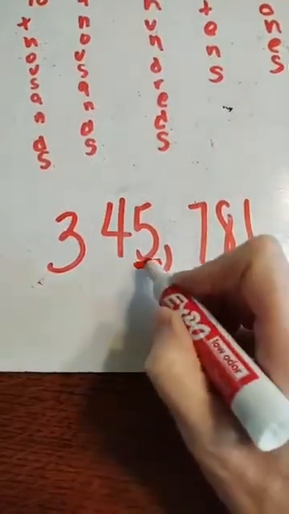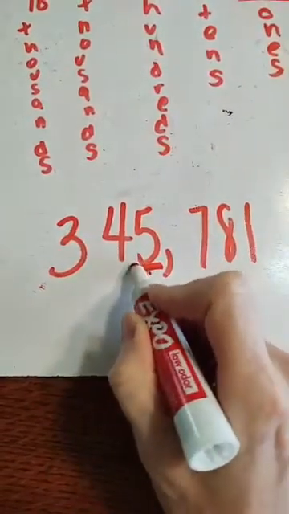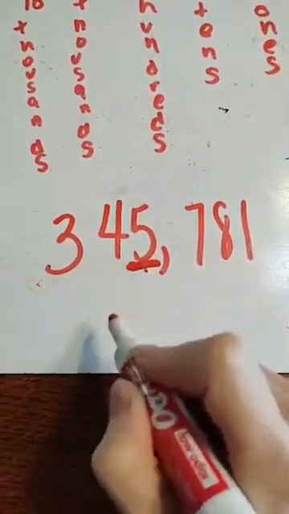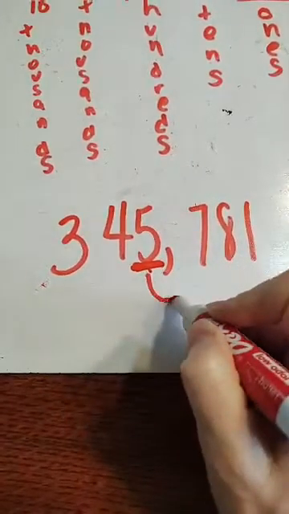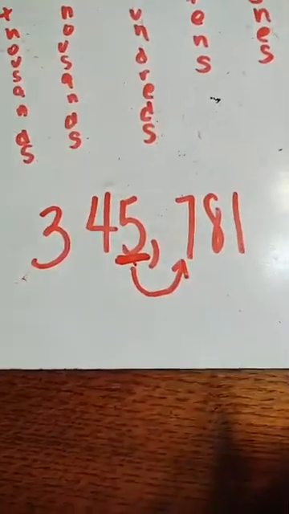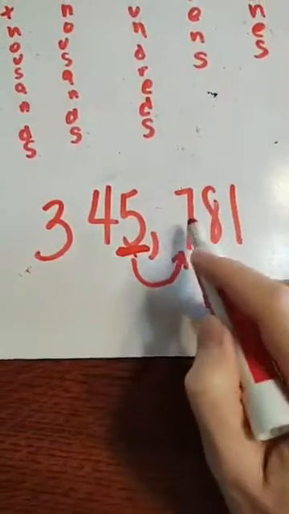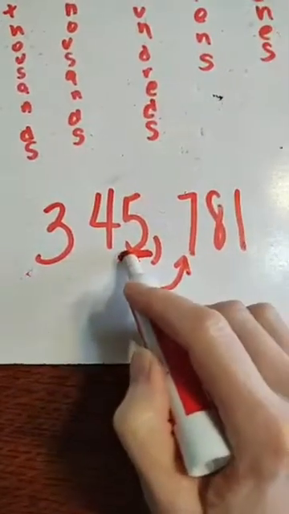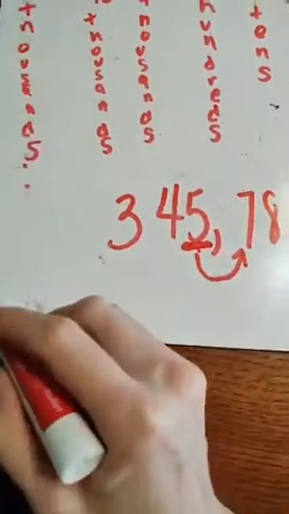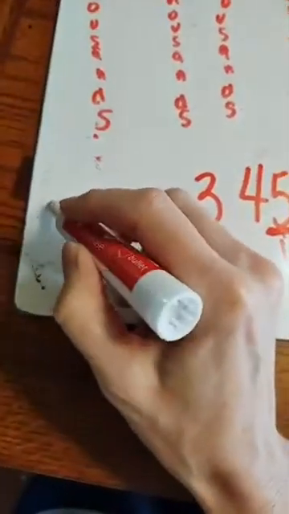When we're rounding, what I like to do is underline the number I'm rounding to and draw an arrow behind it. I can ask myself, does 5 round up or keep it the same? And there's my little cheat sheet.